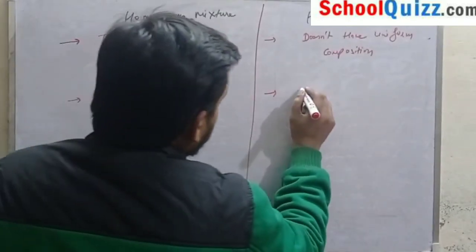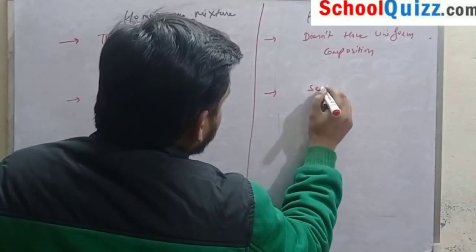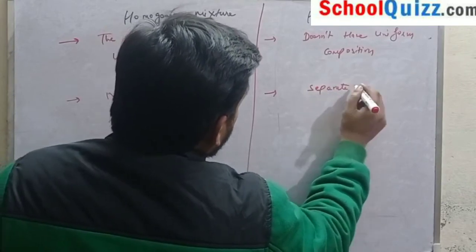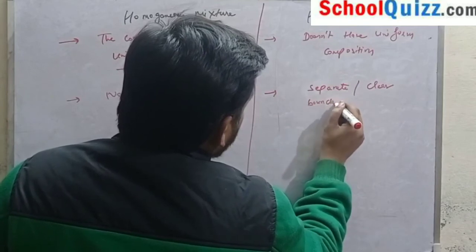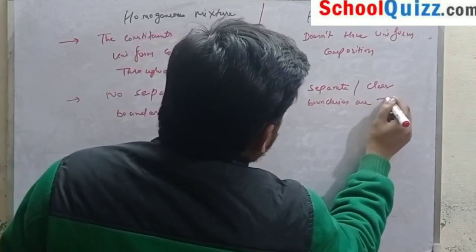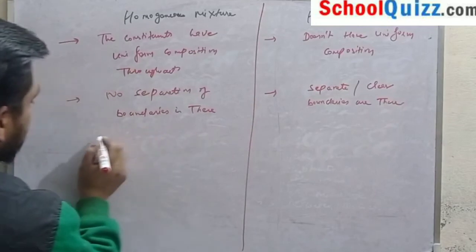And in a heterogeneous mixture, separate, or we can say clear, boundaries are there.